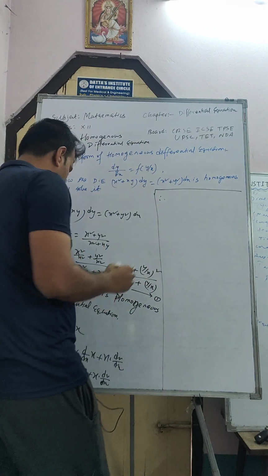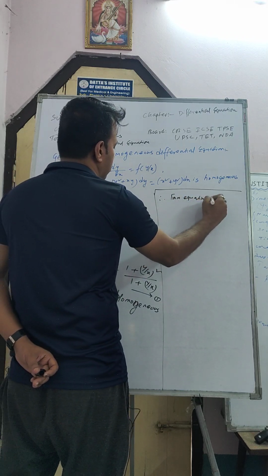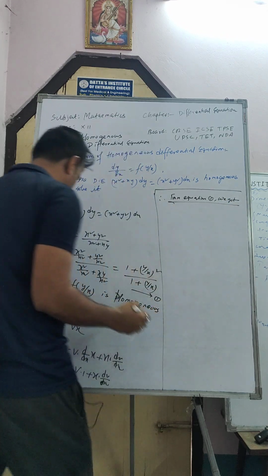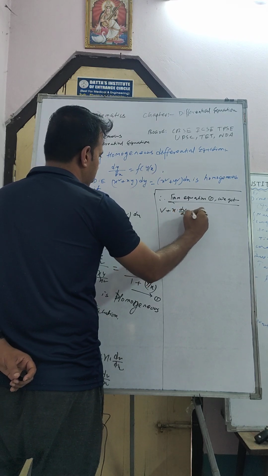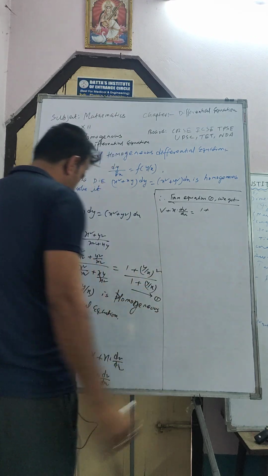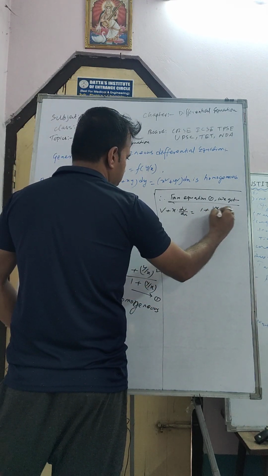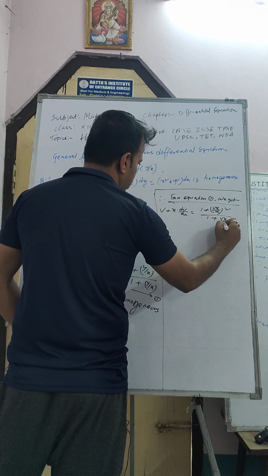Therefore, from equation 1 we get v plus x into dv by dx is equal to 1 plus y equal to vx, so vx by x whole square, divided by 1 plus vx by x.